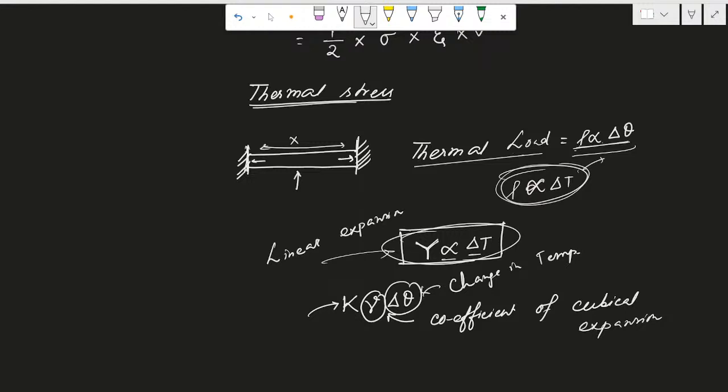Correct? Is it okay or not? Up to this, is it clear or not? Clear?